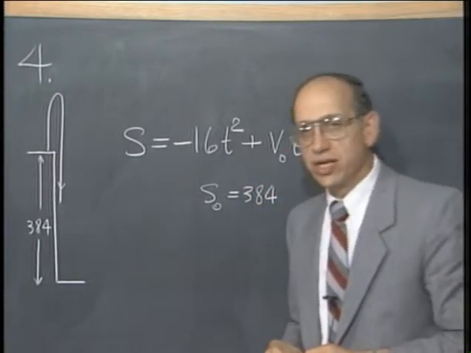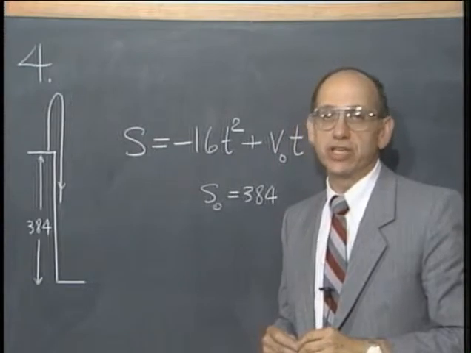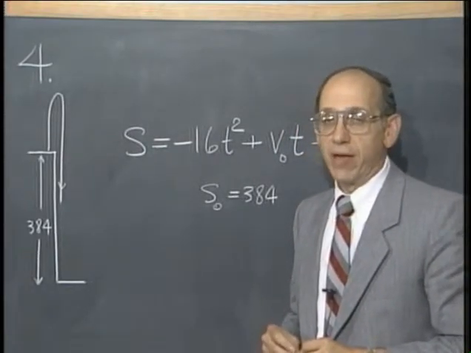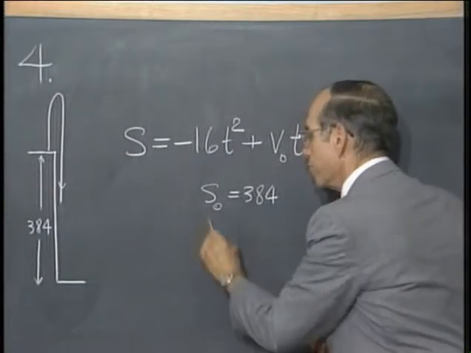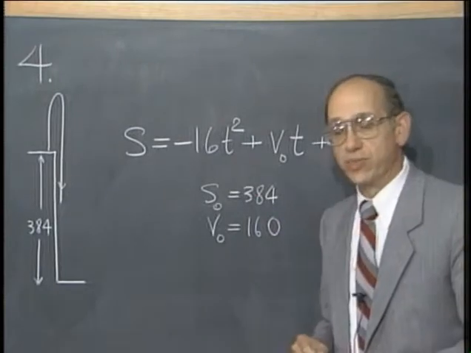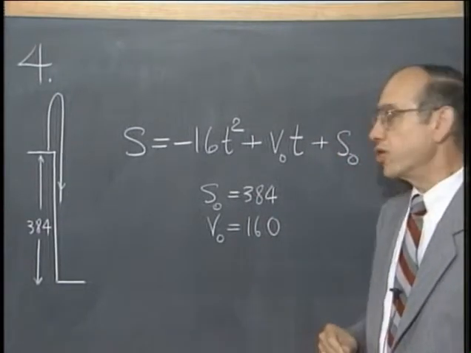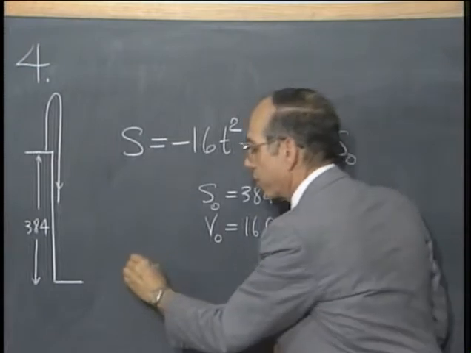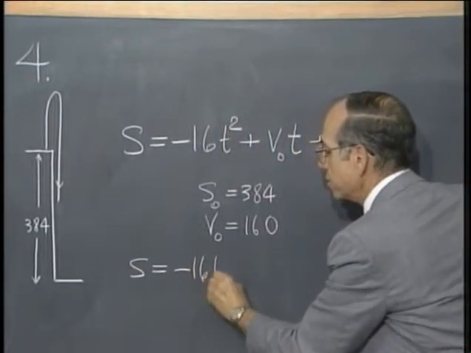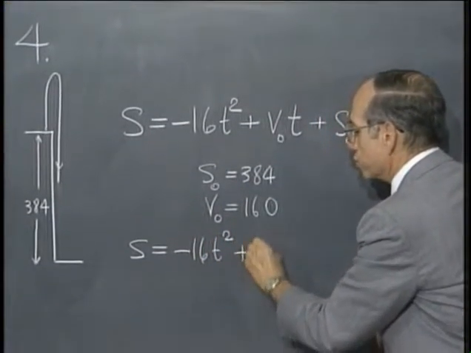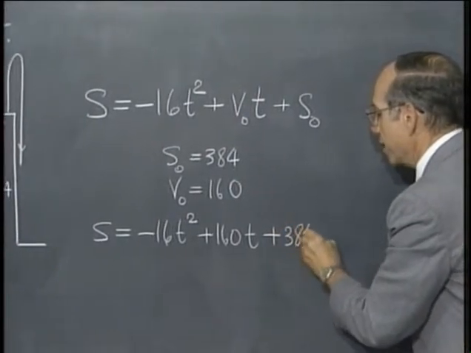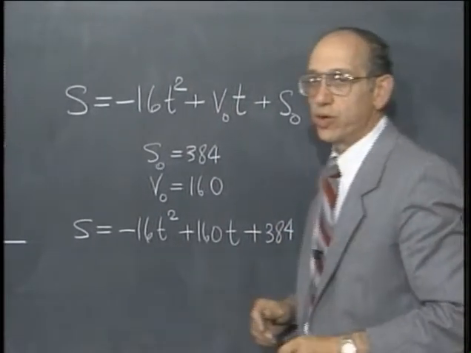The initial velocity is given to be 160 feet per second in the upward direction. That means that V sub 0 is plus 160 feet per second. That means the equation of motion, the location of the particle at any time t, is equal to minus 16t squared plus 160t plus 384.